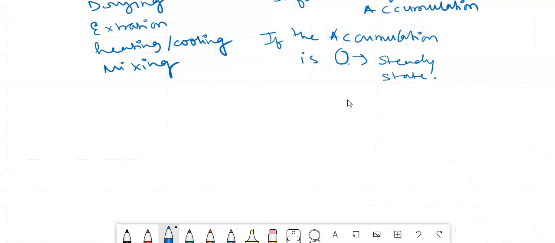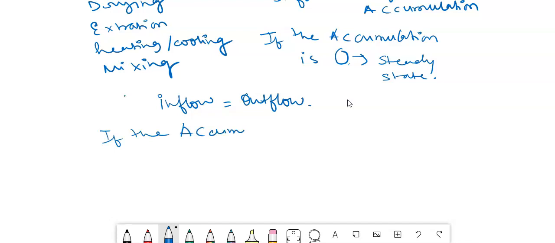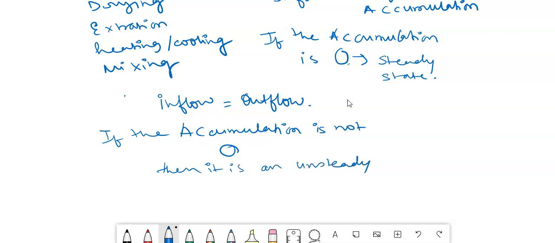Now, we can say that inflow is equal to outflow. And if the accumulation is not 0, then it is an unsteady state. Fine.